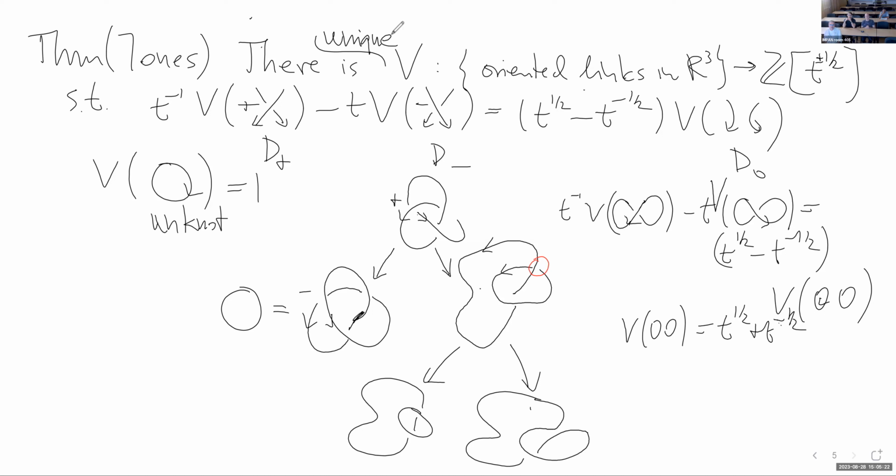You smartly choose a positive crossing in a link, and then next step, you consider its negation and smoothing. Now you have two links. Now it's enough to compute Jones for these two, because this one will be determined by this identity.